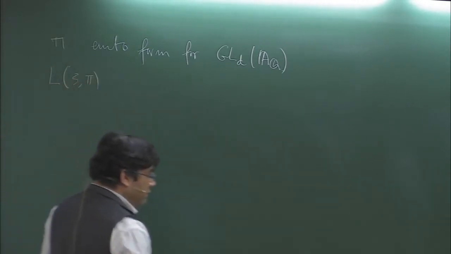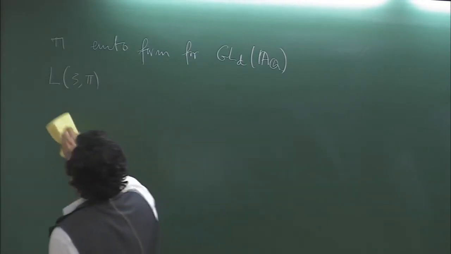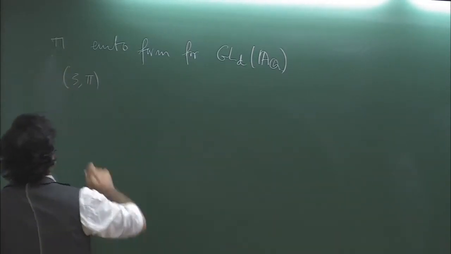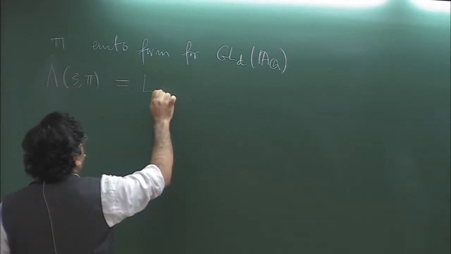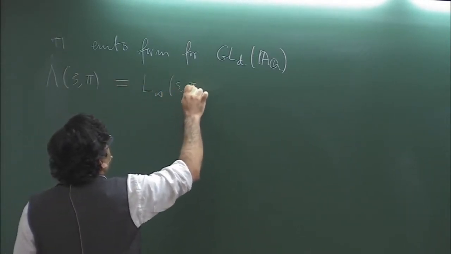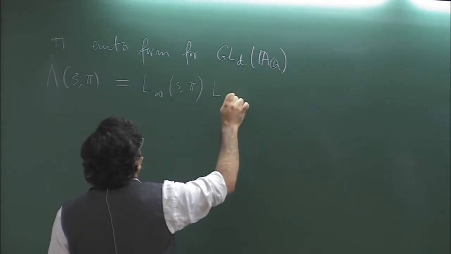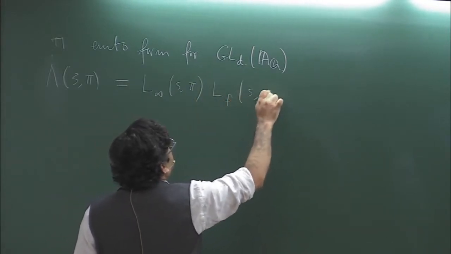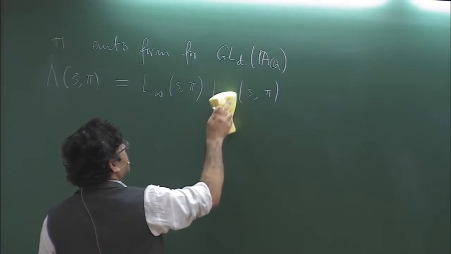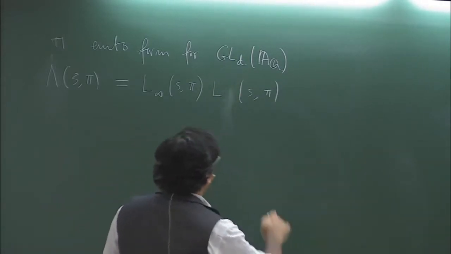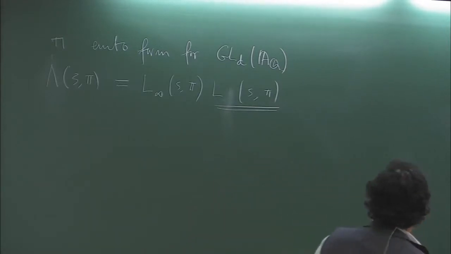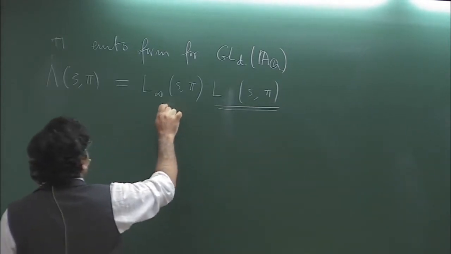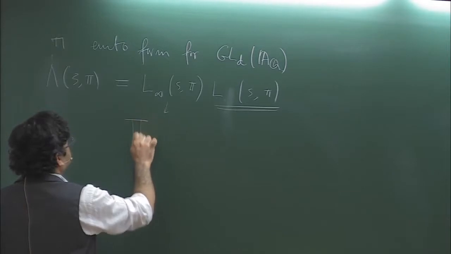Maybe I'll just define the completed L function. The completed L function will be lambda(s, pi), the product of the infinite part and the finite part. This is the function in my focus, where L infinity(s, pi) is a product of gamma factors.